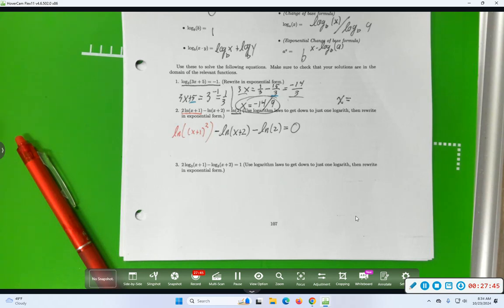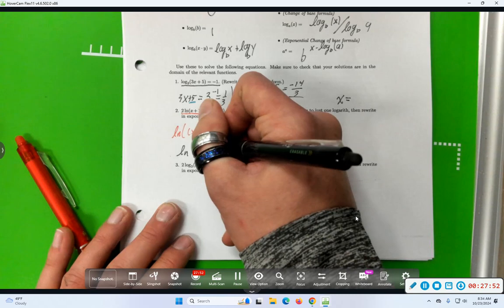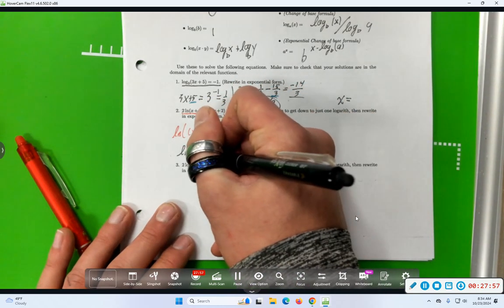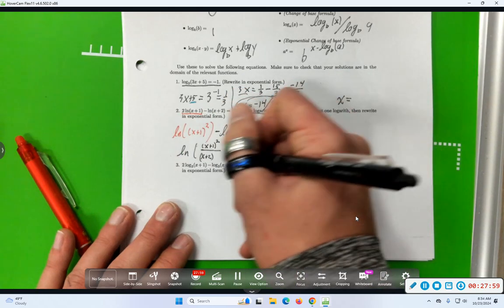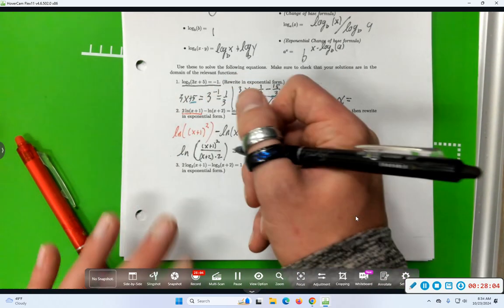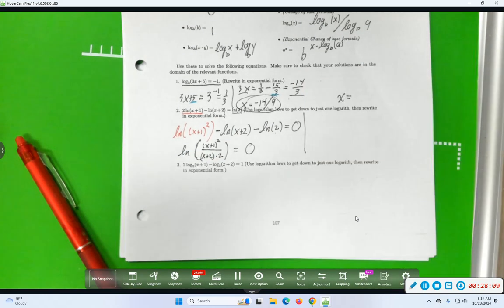So I can rewrite this as a single log now: ln of (x plus 1) squared divided by (x plus 2), and then I need to divide by 2, equals 0. And I might wind up having to FOIL out that (x plus 1) squared at some point, but we'll do it when it becomes apparent whether having this thing factored is helpful or not. All right, what next?